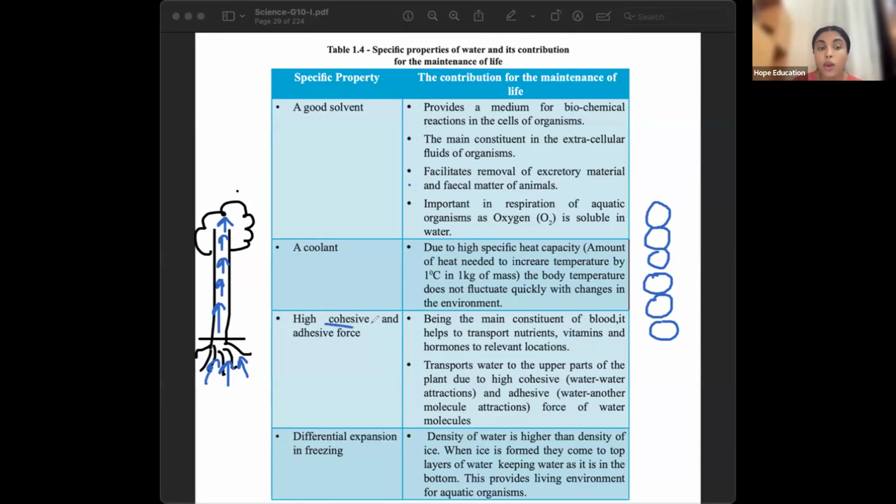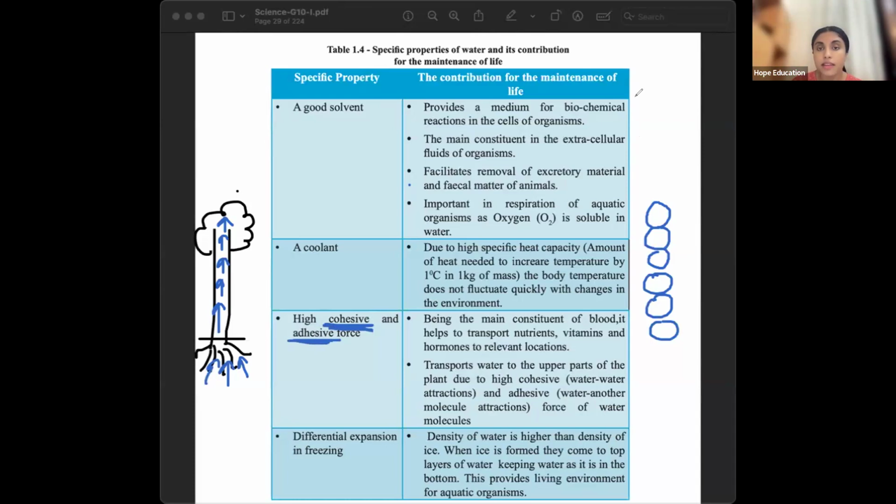These bonds are called cohesive forces. Between water molecules there are bonds called cohesive forces. So with cohesive forces, if one water molecule goes, all the other water molecules behind it will be dragged forward wherever it goes. Okay. Then what are adhesive forces?